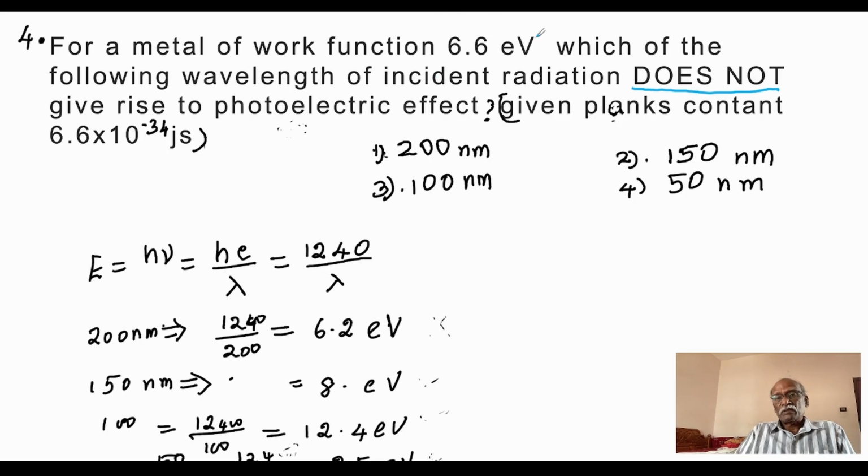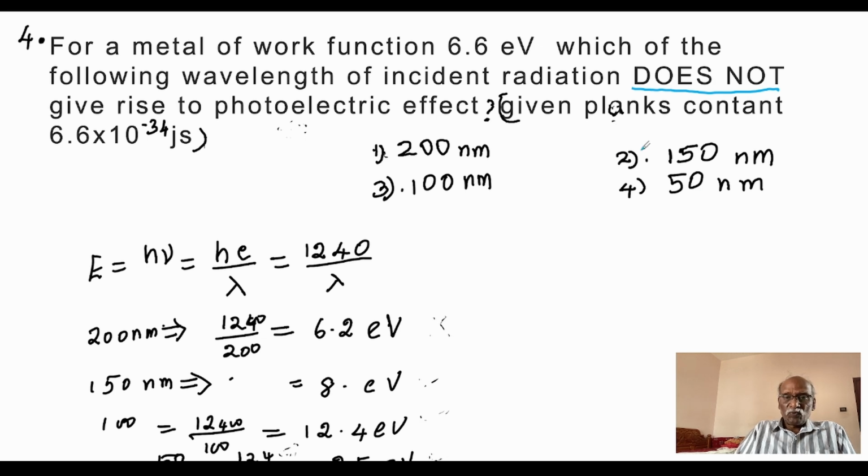What is work function? That is the minimum amount of energy required for a metal to eject an electron. Only when an incident ray provides this much energy is photoelectric effect possible.